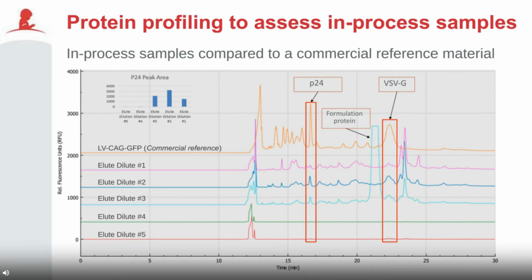So what you can see here is that P24 has been identified in the commercial sample, where it's known to elute. So by using the commercial vector, we're able to identify P24 and the VSVG protein within our samples here from St. Jude.